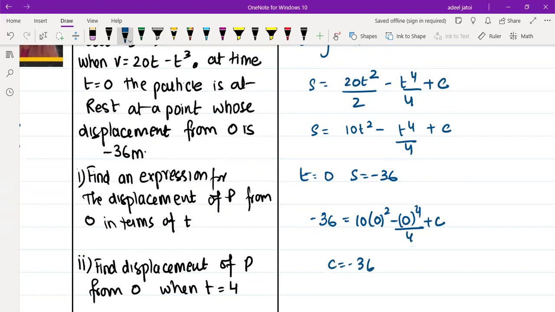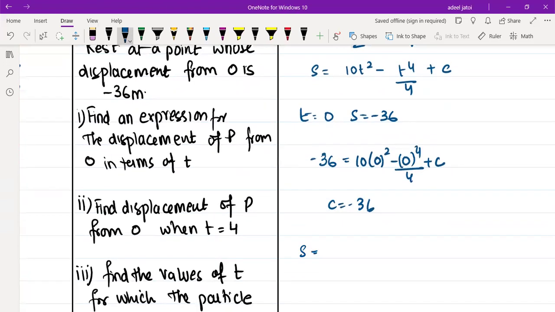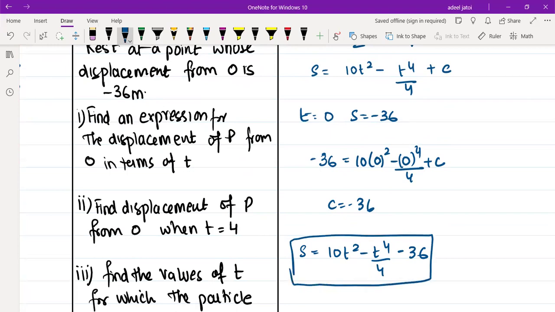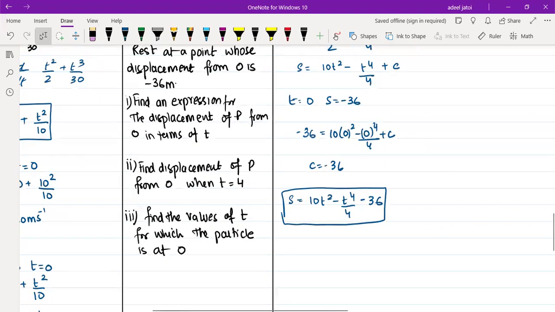Negative 36. So the final equation of displacement becomes 10t square minus t to the power 4 upon 4 minus 36. So this is your equation for part 1.